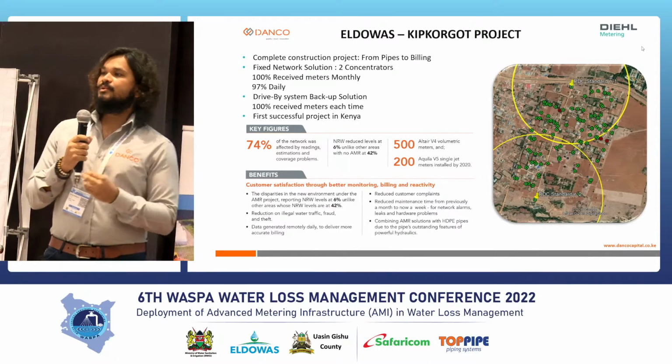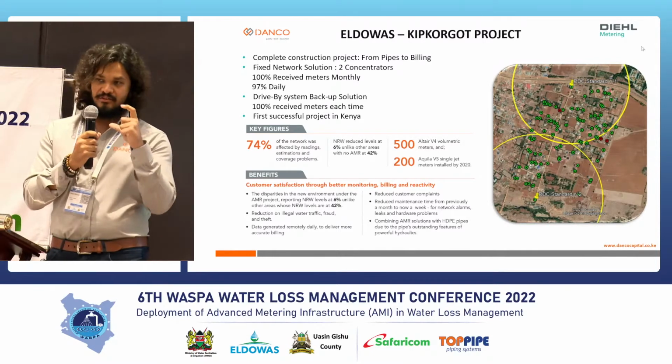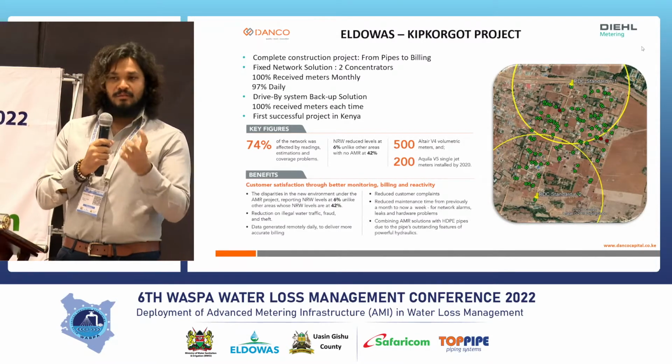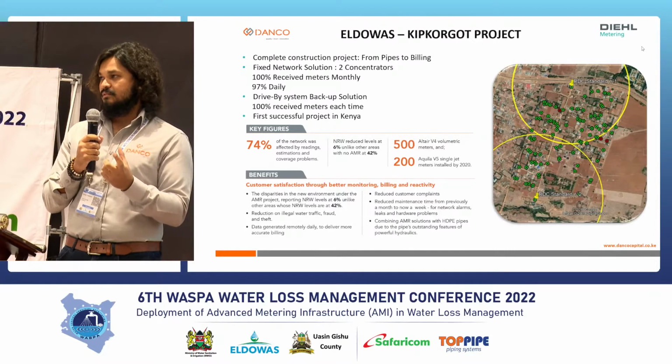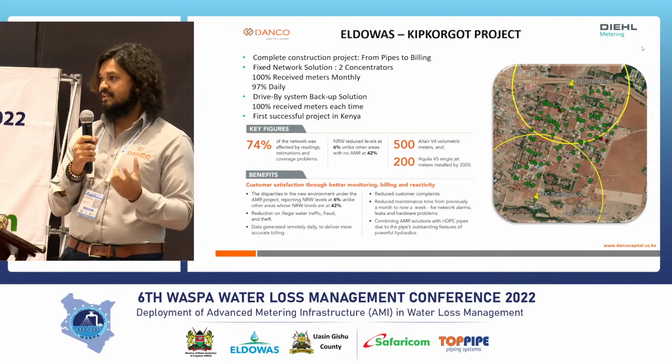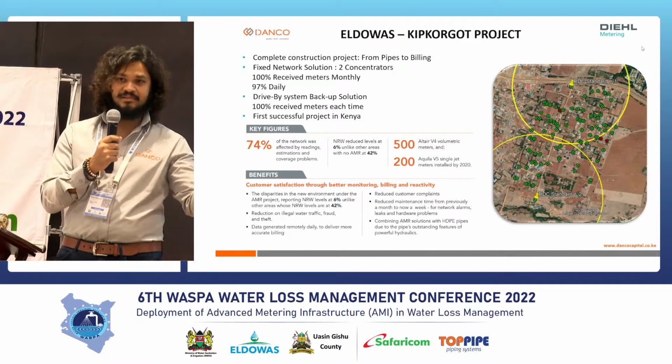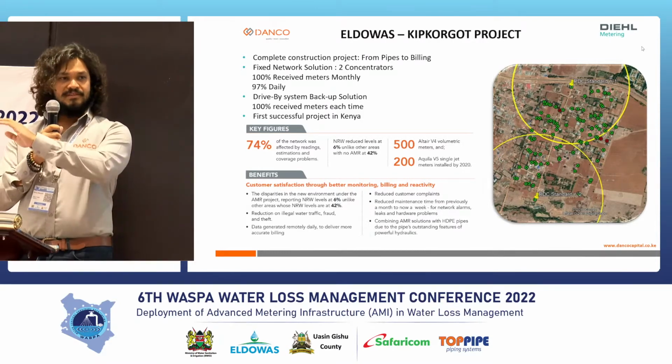So what we do is we get rich data. Every single radio module that we have has the ability to log data: 1,000 points of historical alarms, 1,000 points of historical consumption.